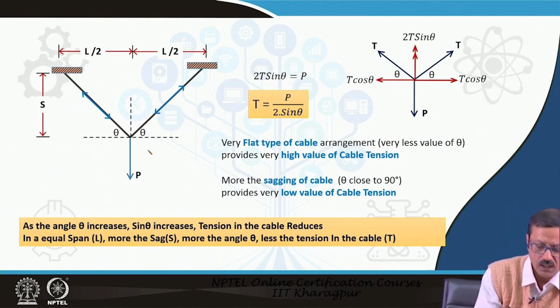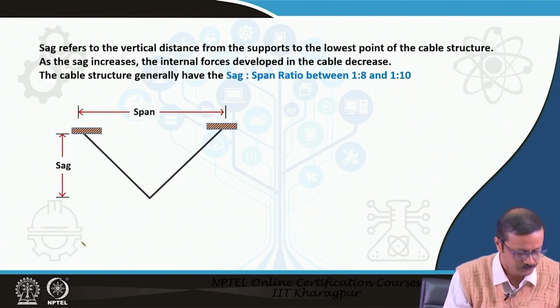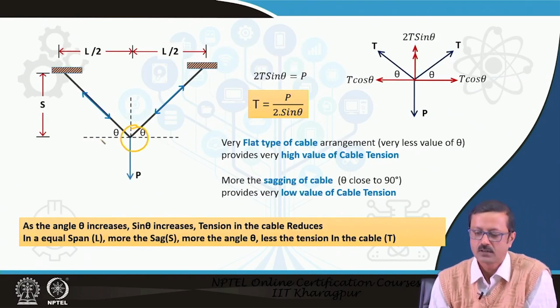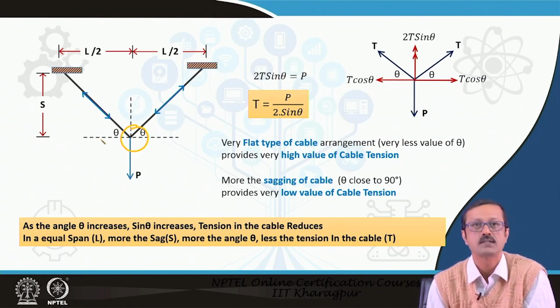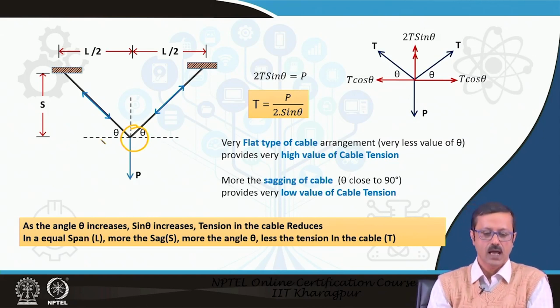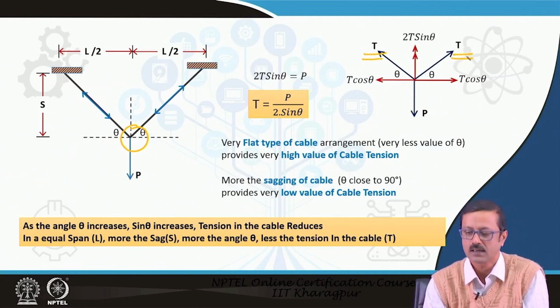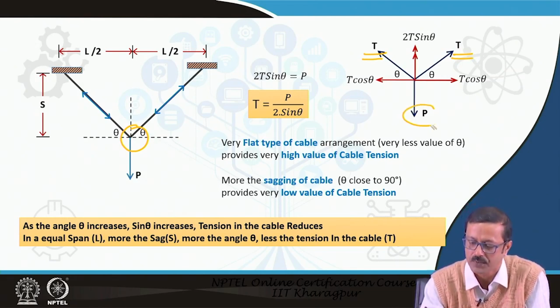If I draw the free body of this particular part, there are 3 forces applied on this point: 2 tensions equal in magnitude and opposite in direction, inclined at theta with the horizontal, and a downward force P.